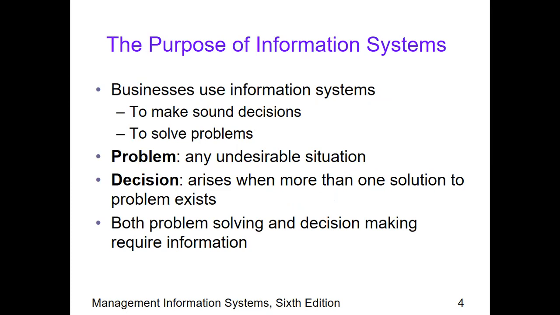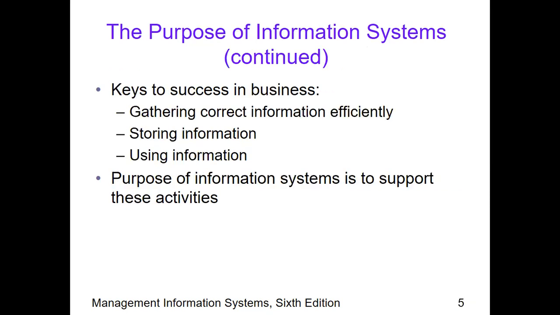Decisions are made when there is more than one solution to a problem, because there can be alternative courses of action, and we have to decide which one would be the best depending on the case or situation. To solve problems and decide requires certain information.